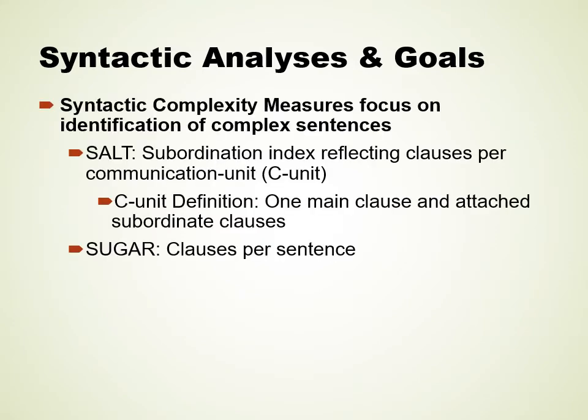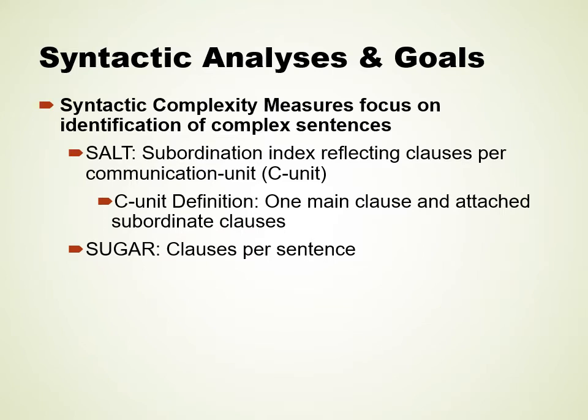So our first analysis is syntactic complexity. And of course, syntactic complexity measures focus on the identification of complex sentences. In SALT, this measure is referred to as the subordination index, and it's reflecting clauses per communication unit, or C unit, and a C unit is defined as one main clause and attached subordinate clauses.